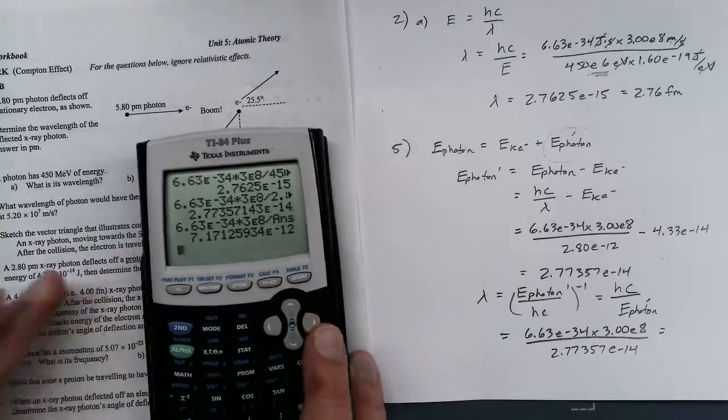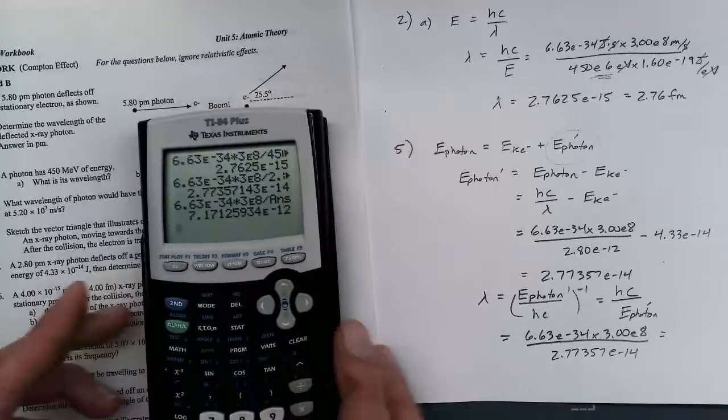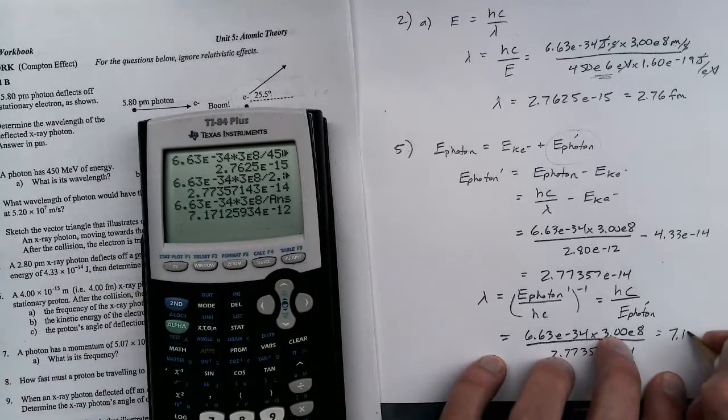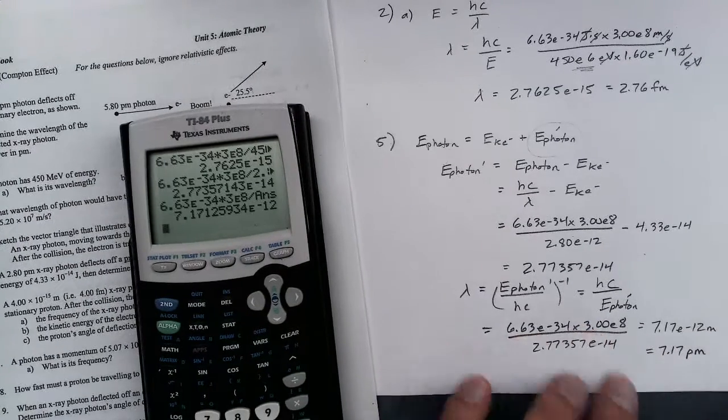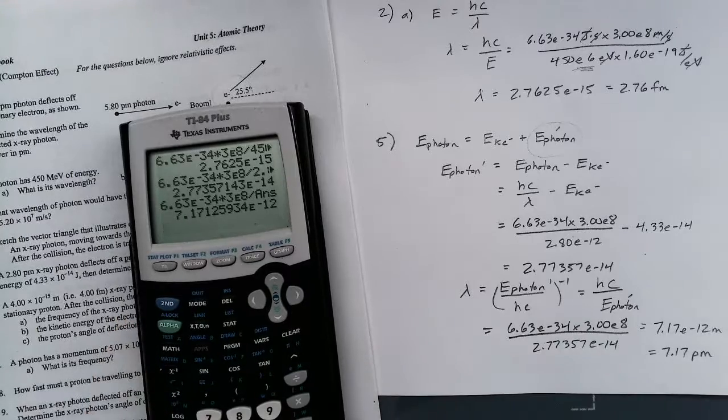Okay, 7.17 E negative 12. And that would be meters, and so it'd be 7.17 picometers. Okay, thank you very much.